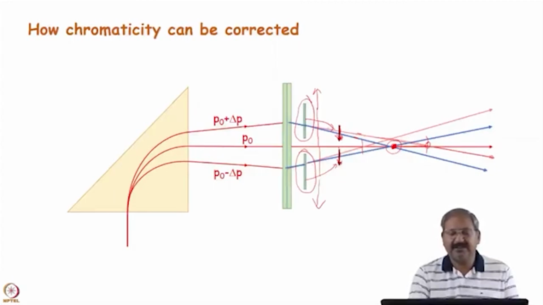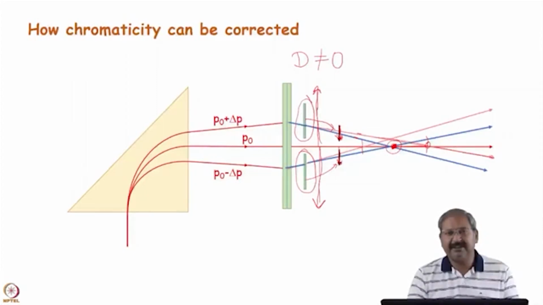And note one thing, that when we are talking that all the positive momentum particles are there and all the orbits of negative momentum particles are there, it means orbits corresponding to these momenta have been separated out. Means we are talking about the region where dispersion is non-zero. If dispersion is zero, these orbits will not be separated out and we cannot correct the chromaticity.